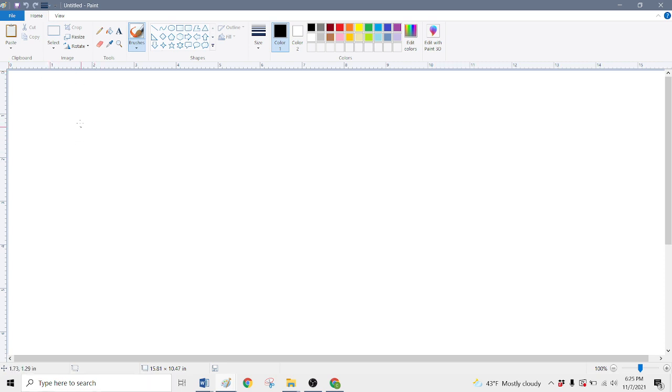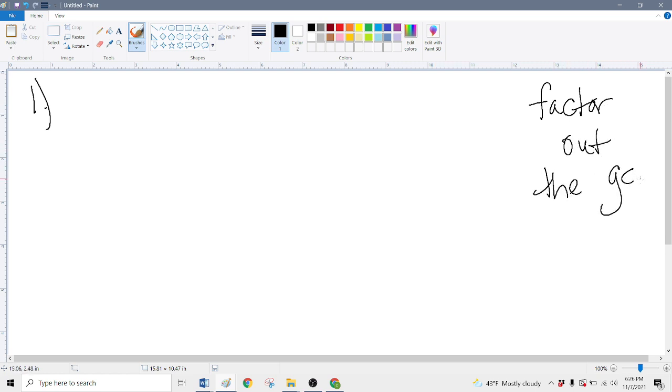On page 4 of your notes for 4B1, the first factor example is number 1, and it's asking to factor out the GCF. We looked in the prior examples on how to find the GCF.